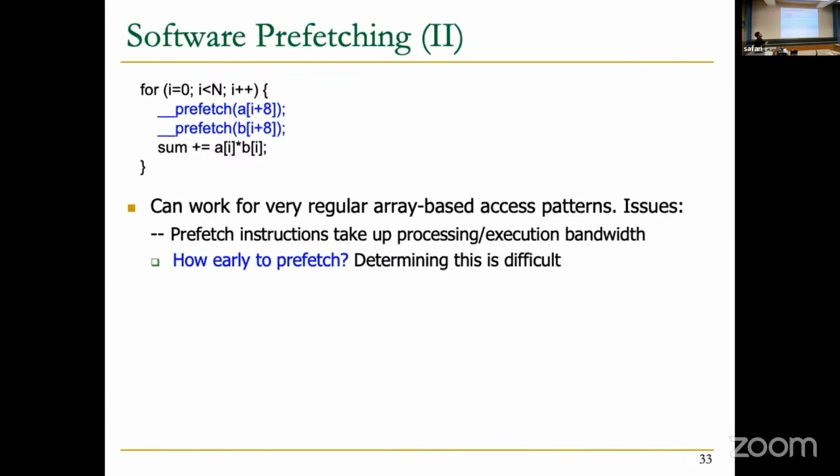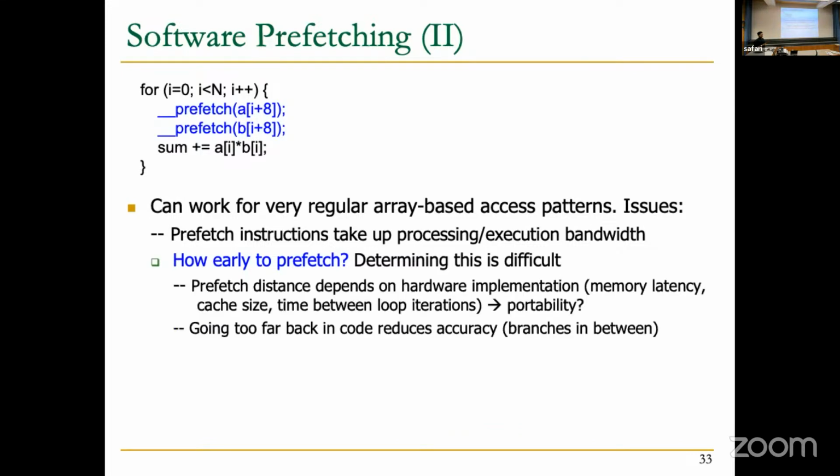That depends on the latency of the memory that you are trying to prefetch, and the execution latency also. So it essentially becomes machine dependent. If you write this code optimized for generation X of the processor, you cannot expect that this same code would be the most optimized version if you change the processor.